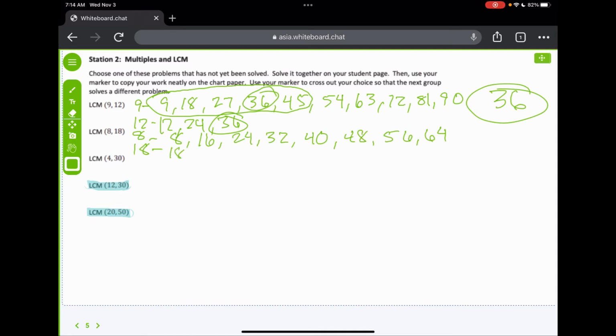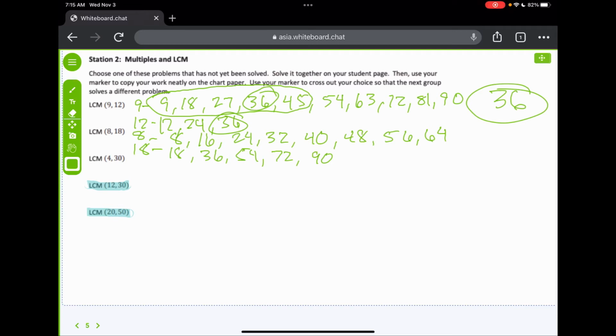I have 18, 36, 54, 72, 90. Okay, so now I need to check and see, do I actually have one?